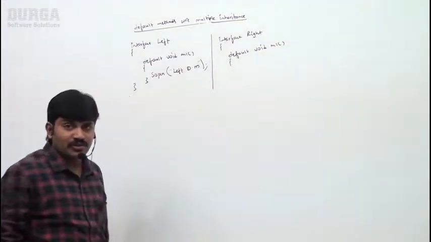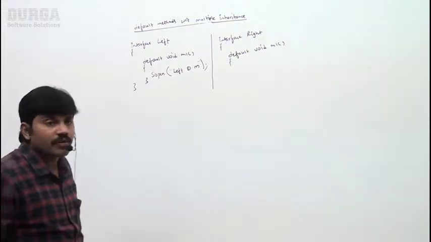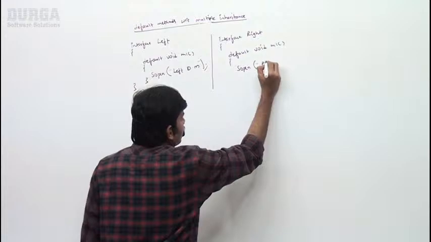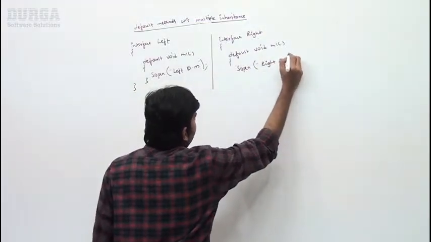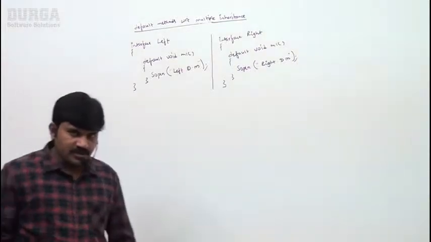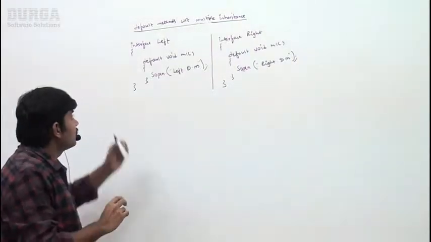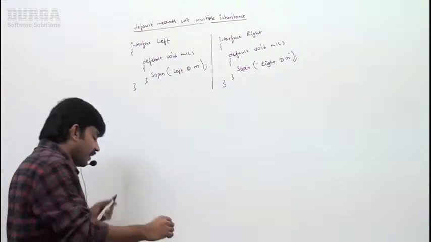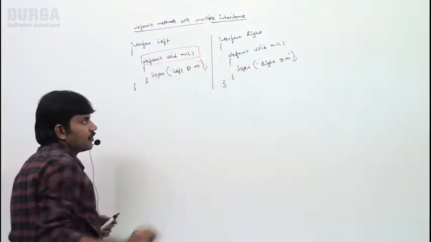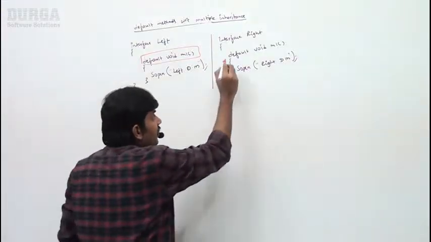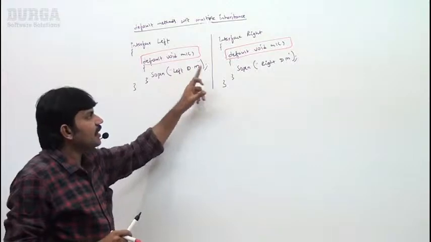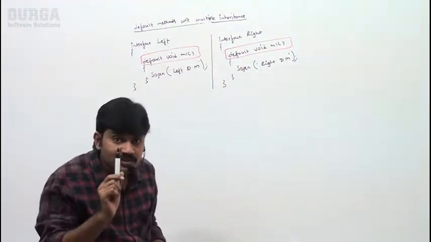Have you observed the Right interface also contains the same signature, default void m1, with System.out.println, Right default method. How many interfaces am I taking? Two interfaces. The first one, Left, contains default void m1. Even the Right interface also contains the same default void m1. Two interfaces contain a default method with the same signature.